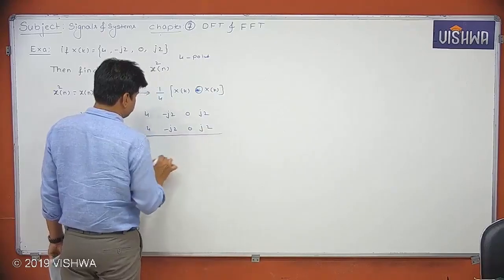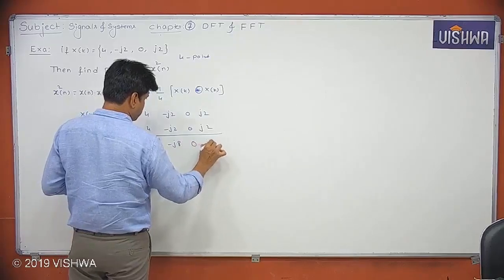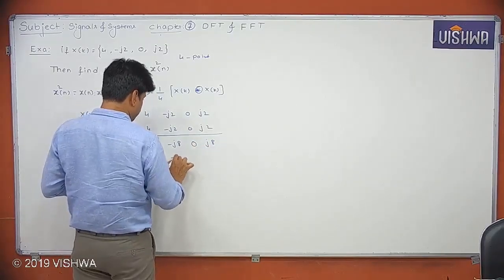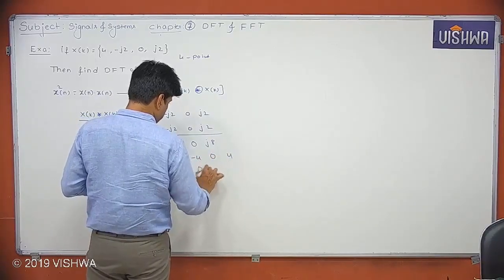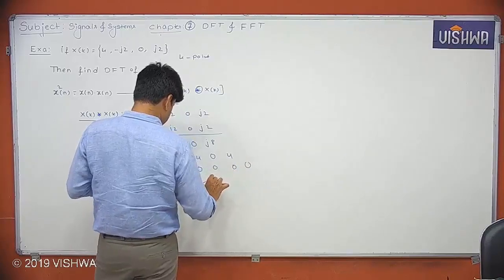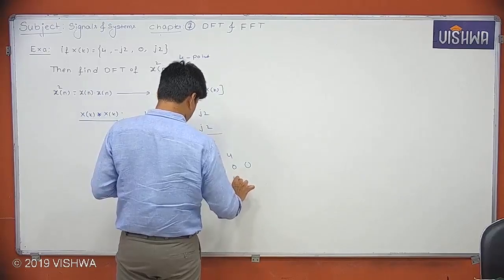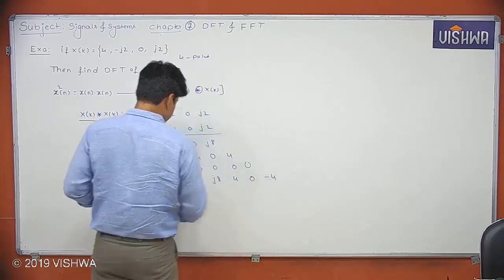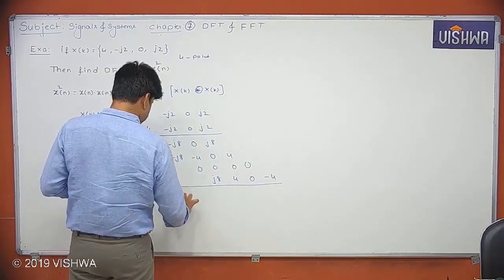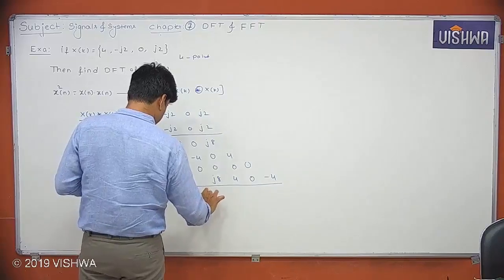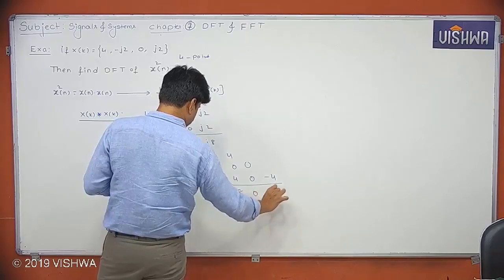If I take this: 16, minus j8, 0, j8; minus j8, minus 4, 0, 4; 0, 0, 0, 0; j8, 4, 0, minus 4. By adding that: 16, minus j16, minus 4, j16, 8, 0, minus 4.